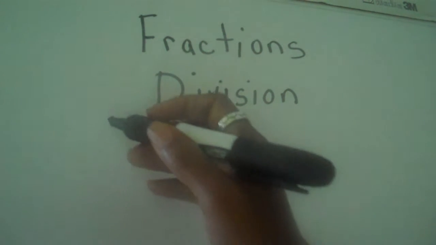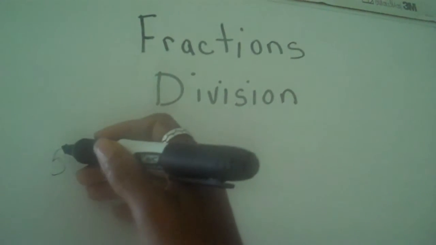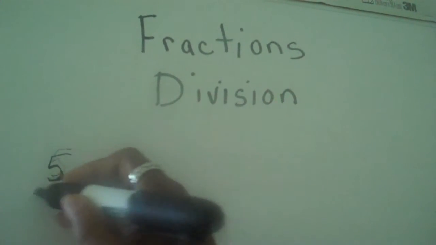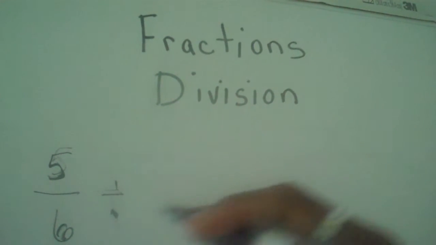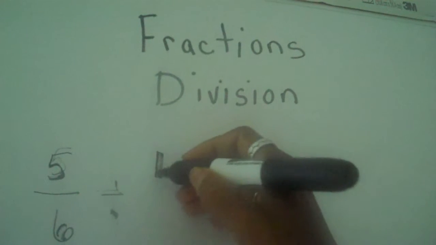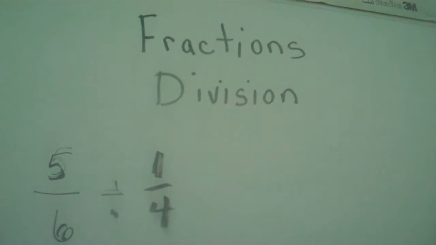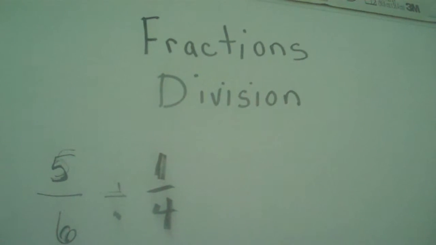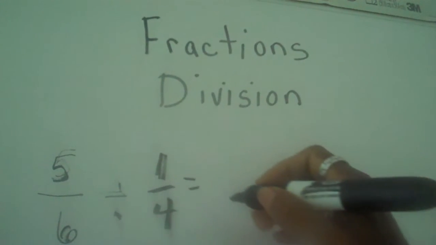The first one we look at will be 5/6 divided by 1/4. When you divide fractions, the first thing you do is to change your division problem to a multiplication problem.